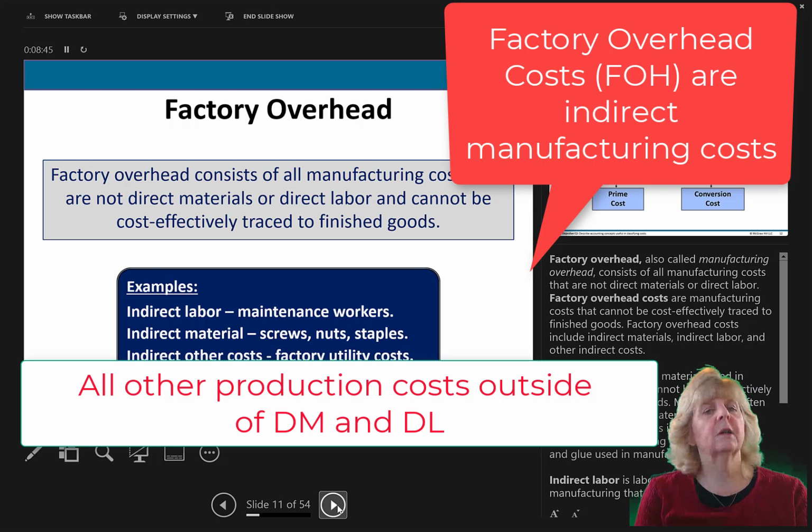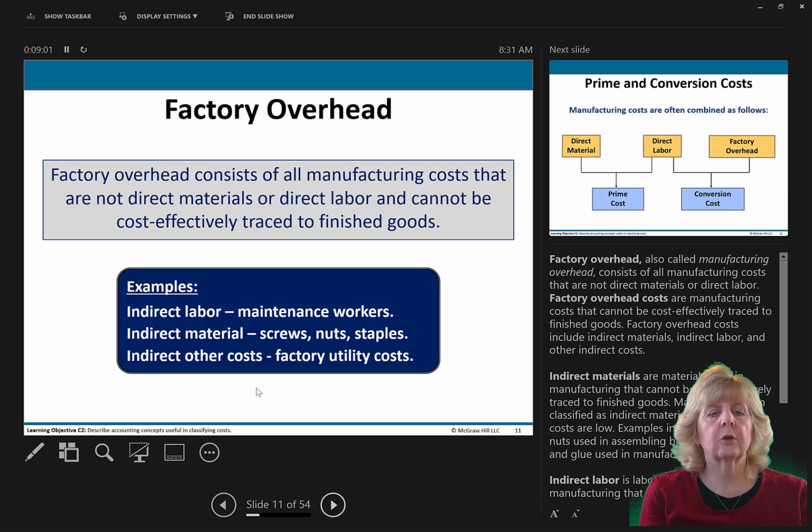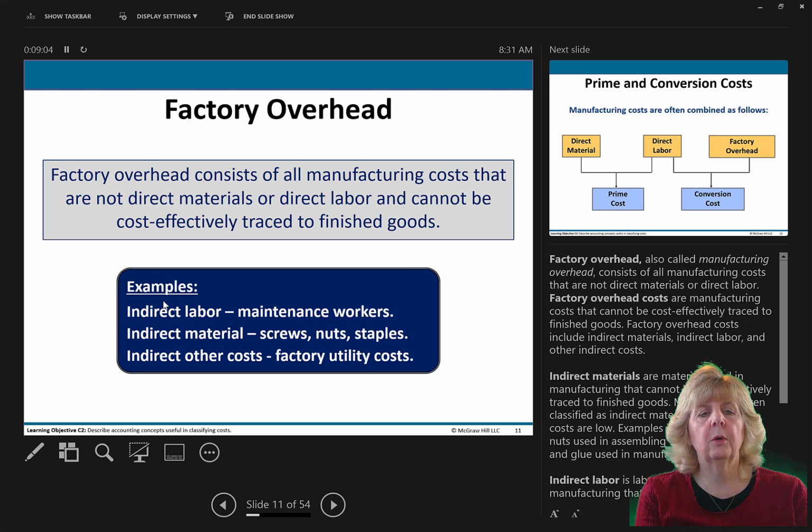So if you know something is a product cost because it is involved in the manufacturing environment, and you know it's not direct materials and you know it's not direct labor, by default it's going to be classified as factory overhead. And the author gives you some examples. You'll notice in all three of those examples, those are indirect.